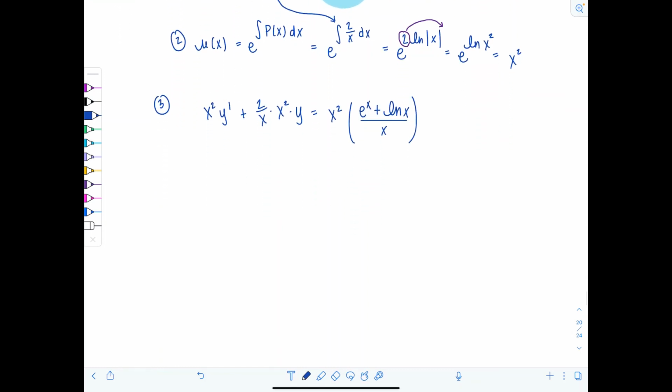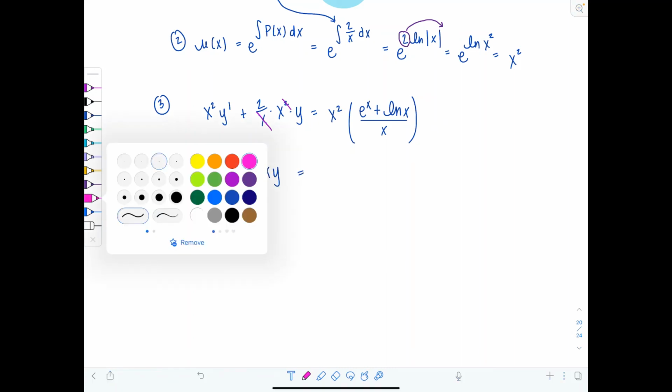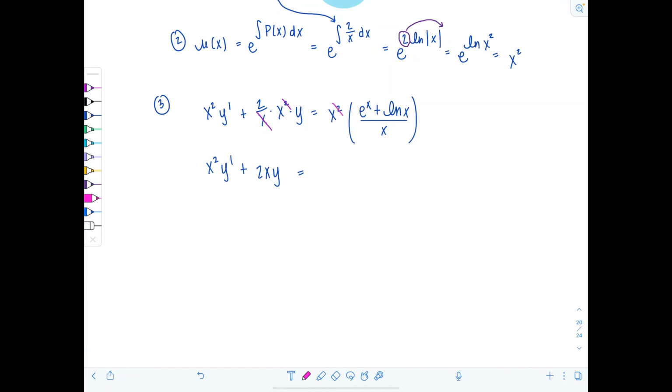All right, so let's see here. We've got x squared y prime plus, this x cancels out here, so I just have 2xy, and that equals, more canceling fun here, that x is gone now in the denominator. So I have x times e to the x plus ln of x. All right, so far so good?